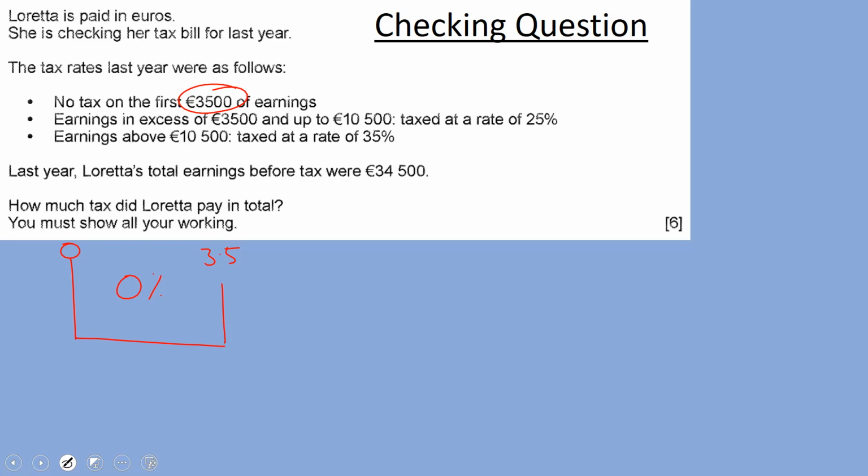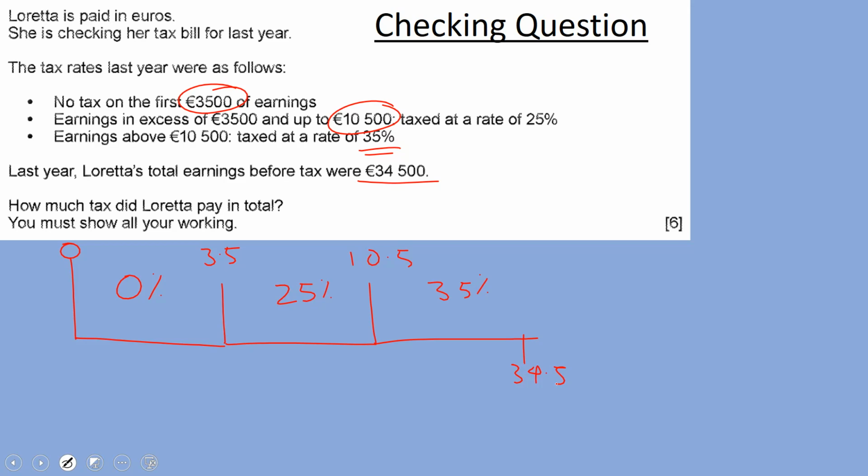So from 3,500 up to 10,500, we're paying 25% tax. And then everything above that is at 35%. Okay, so we can see now this person, Loretta, is earning 34,500.